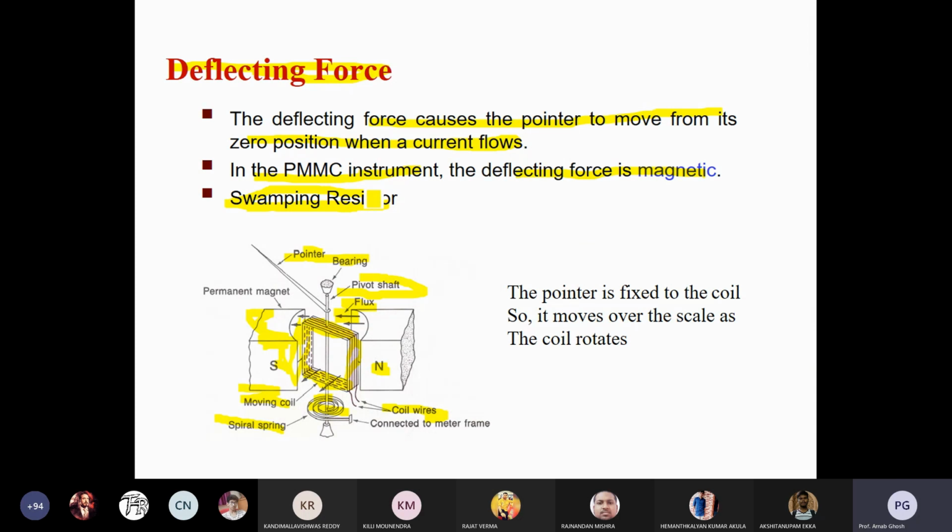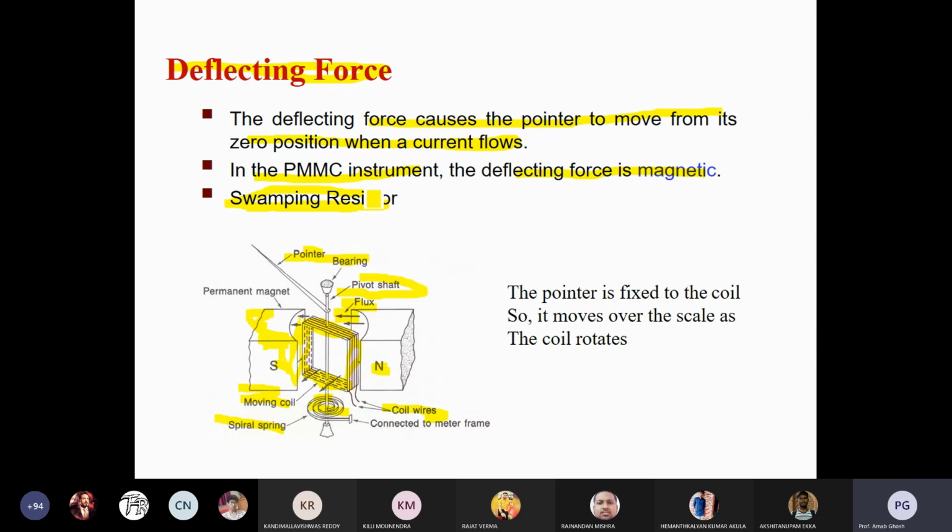That may cause a change in your deflecting torque. So that's why some swamping resistance that is more or less unchanged with the changing of temperature is connected in series with your instrument. That is also known as swamping resistance.